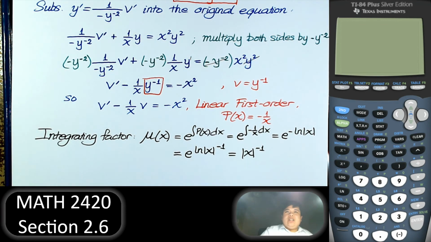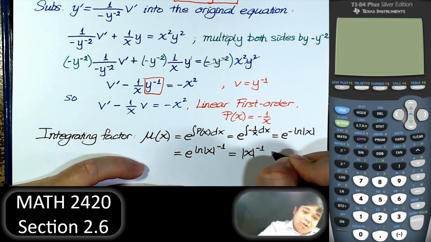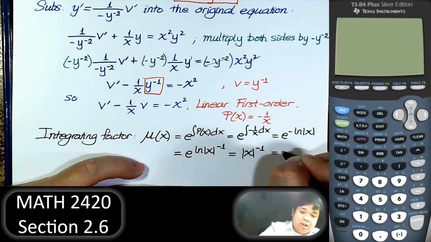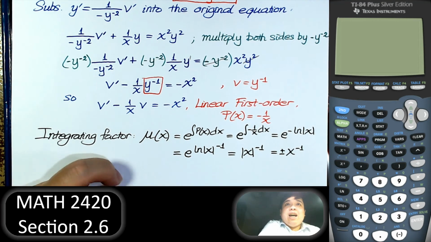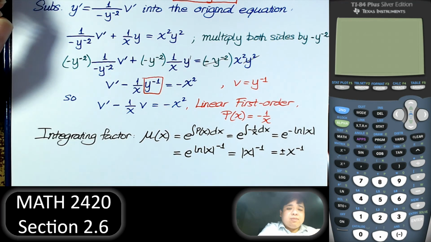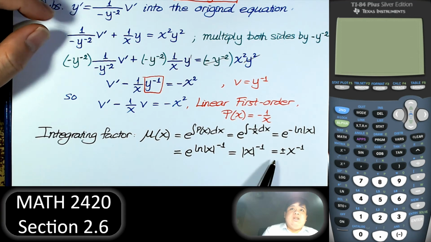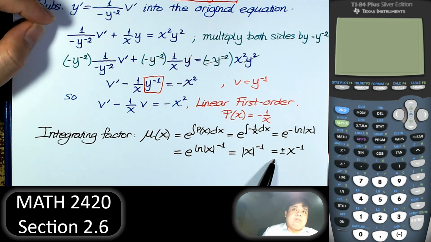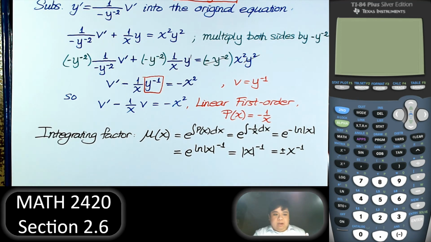If we go back to section 2.3, remember when we write like this, we can say it is x to negative 1, and absolute values can be written as just plus or minus 1. But the nature of the integrating factor is to be multiplied on both sides, so we don't really need the plus or minus, because if we have plus or minus on both sides, that cancels out.